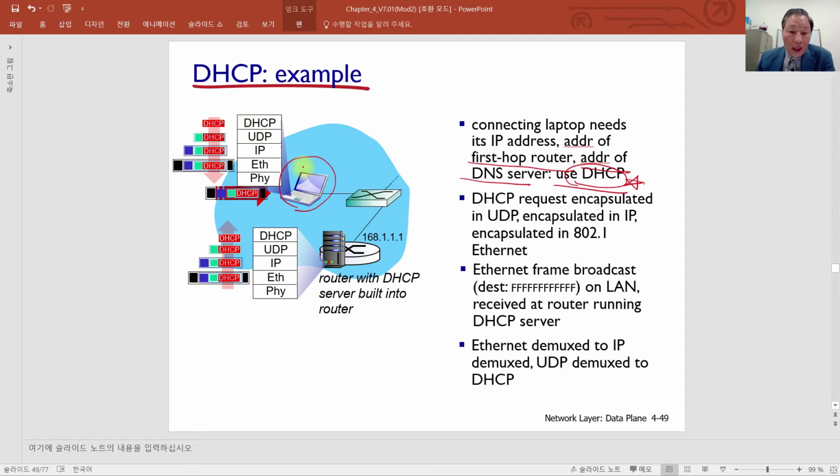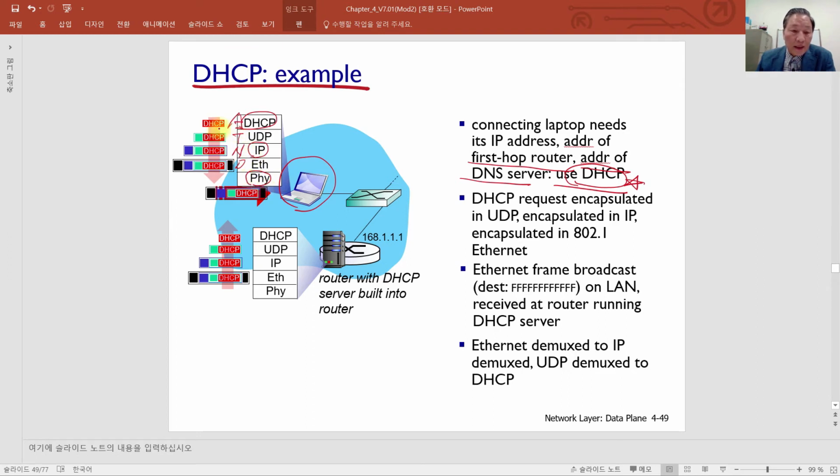Here, if we consider the five-layered stack on our notebook, this one is the application layer, next is the transport layer, then the network layer, which we are learning, next the data link layer, and the final one is the physical layer.